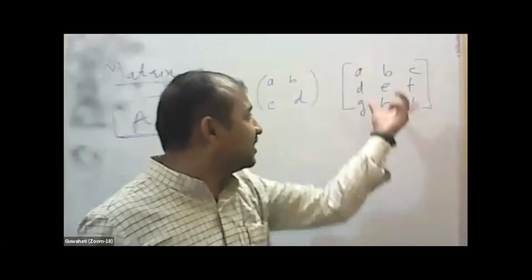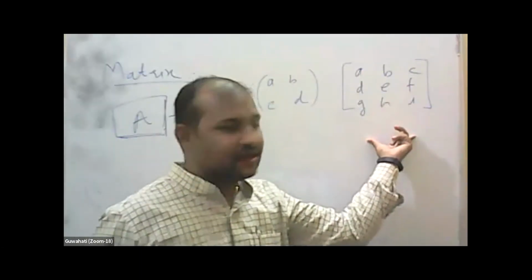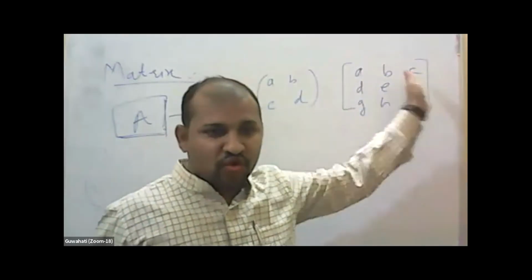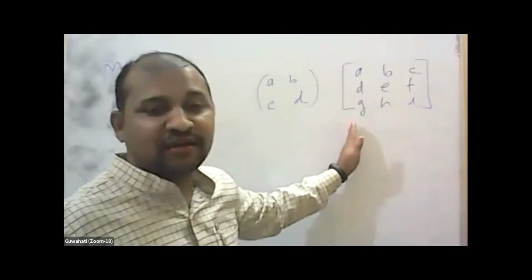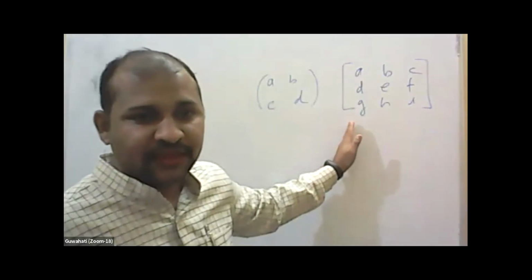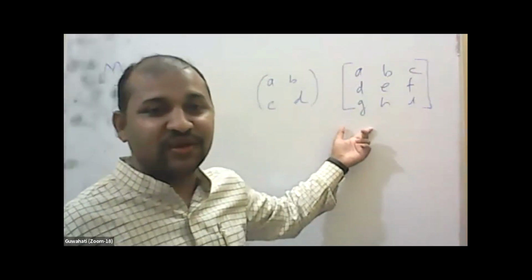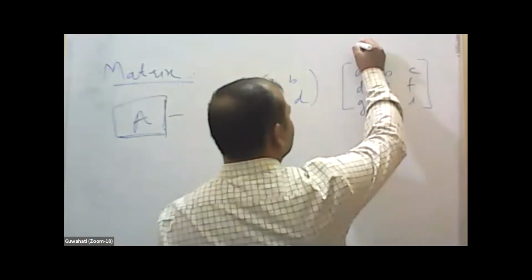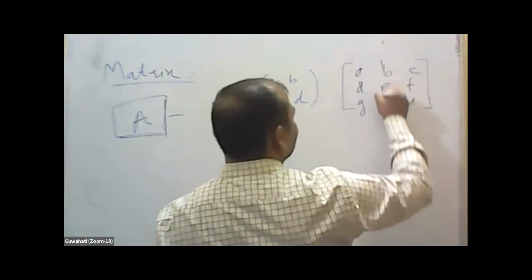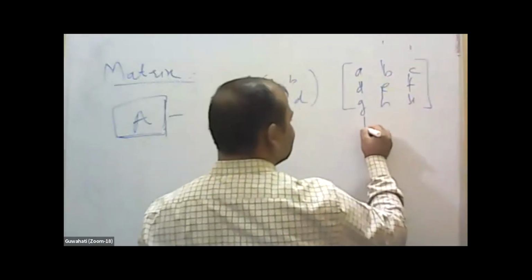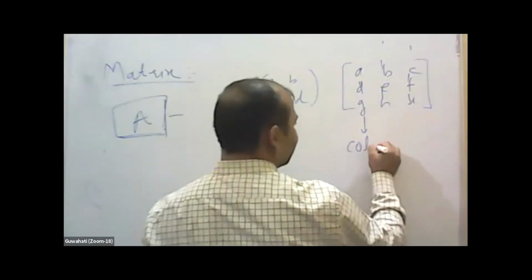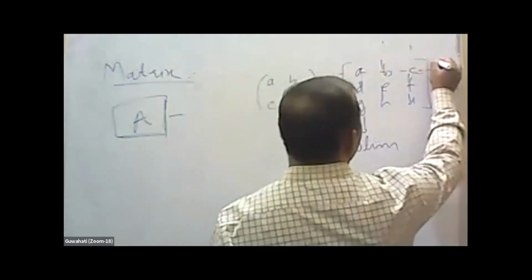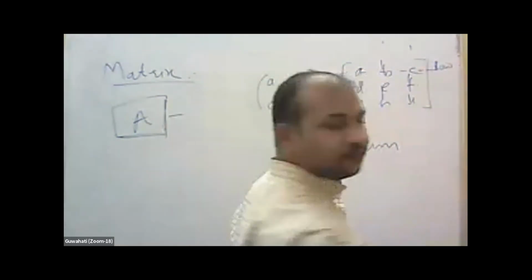So this is called a rectangular array having horizontal lines called rows, and vertical lines called columns. This arrangement we are calling a matrix, right? These vertical lines we are calling columns, and these horizontal lines we are calling rows.